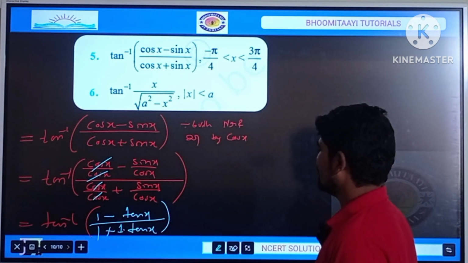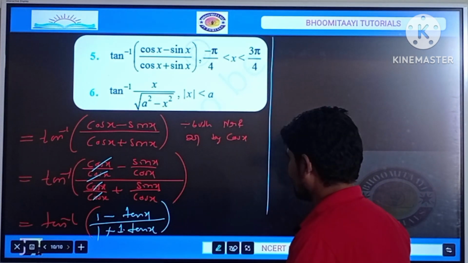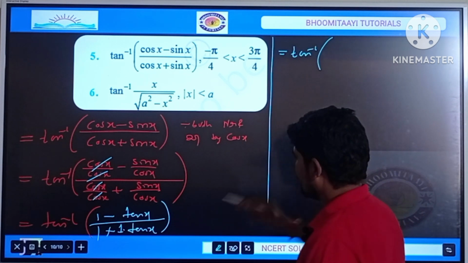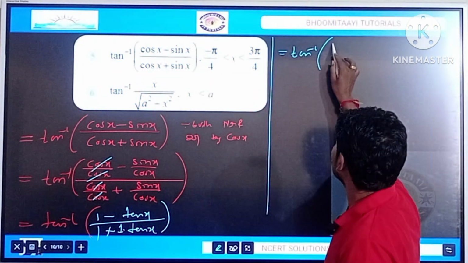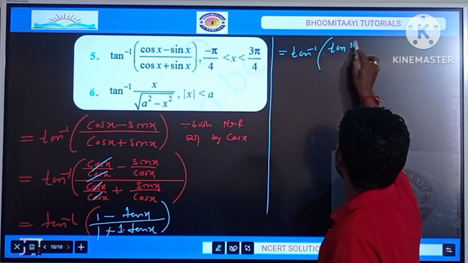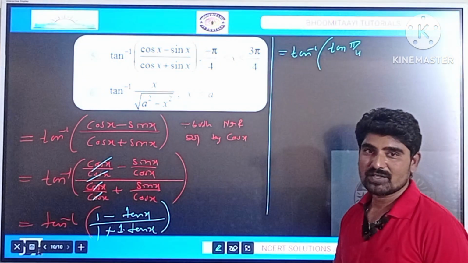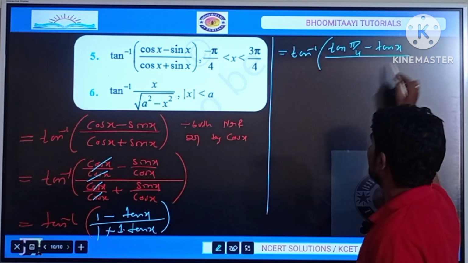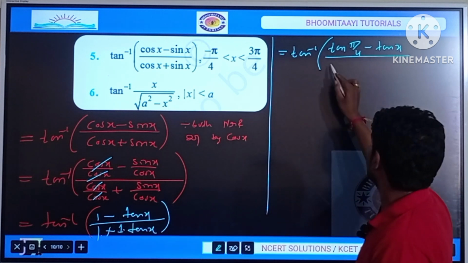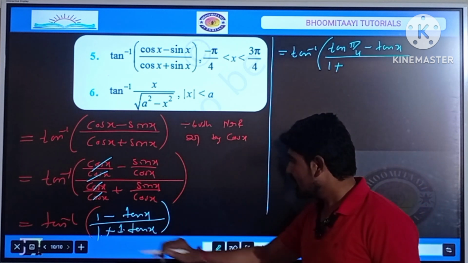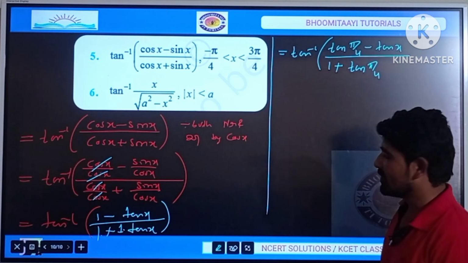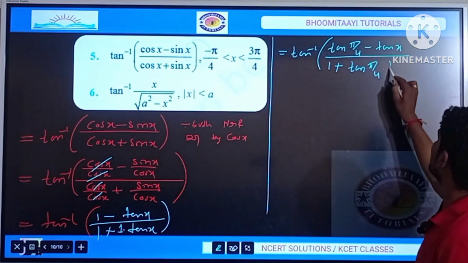If you multiply 1 to tan x, it remains tan x only. So this is equal to tan inverse of 1 can be replaced by tan pi by 4, because the value of tan pi by 4 is 1, minus tan x divided by 1 as it is plus, and this 1 can be replaced by tan pi by 4 because the value of tan pi by 4 is 1, into tan x.